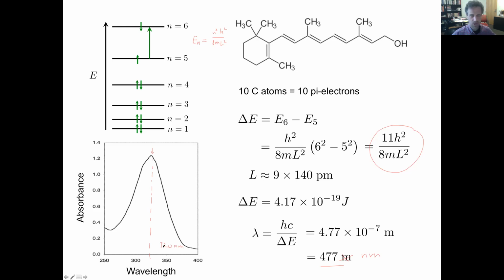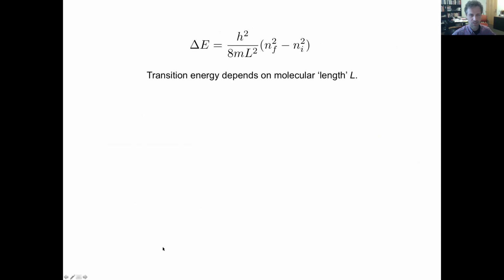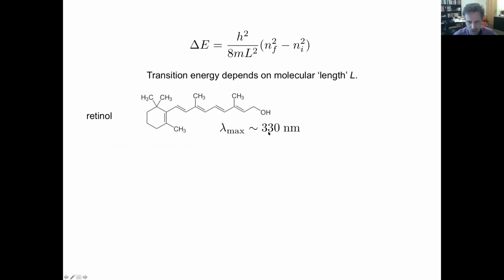So let's have a quick look, and I really like this because the transition energy depends on the molecular length L. So this is the retinol molecule, and like I said, it's about 320, 330 lambda max, and experimentally we find something that's slightly longer, but it's still pretty close. Okay, so let's look at this general expression for transition energy. We see L here again.